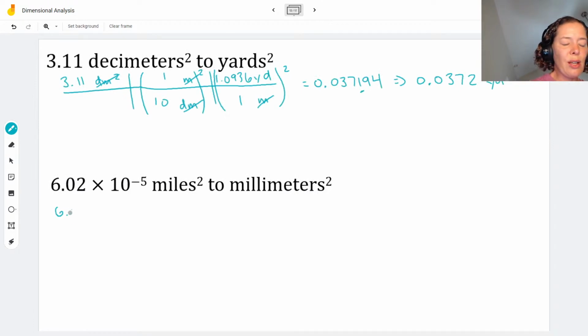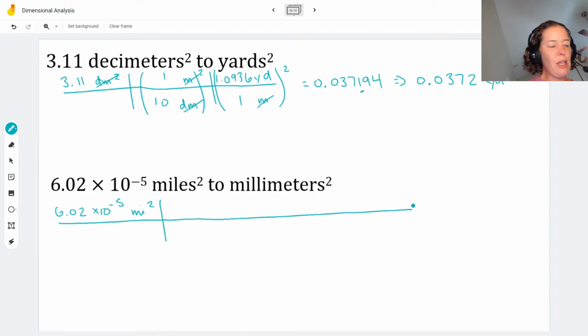So we're starting with our 6.02 times 10 to the negative fifth, and we've got our miles squared. So the first conversion is going from miles to kilometers. And then I'm going to go to my base unit, so I'm going to go kilometers to meters.